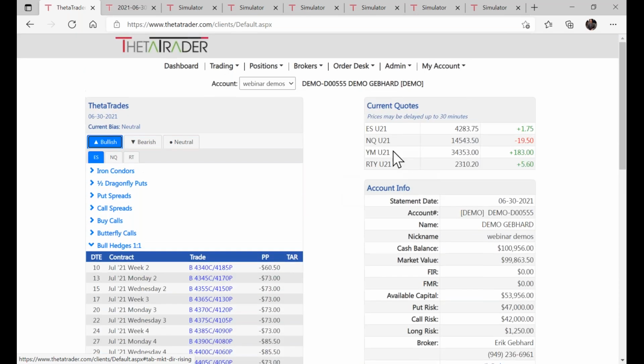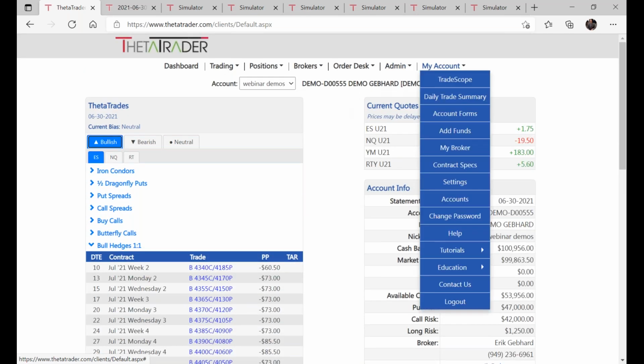But there you have it, folks. It's a very, very powerful tool, something that takes something very complicated and makes it simple. I've seen people trying to do Dragonflies with their securities brokers, and I've tried, you can't do it. You have to do it in 2 separate orders, and you have to leg in, and you have to guess at the price, and you have to try to build it yourself.